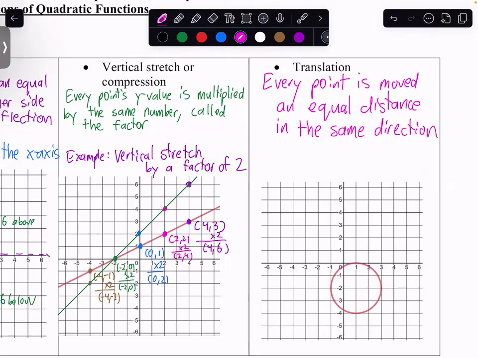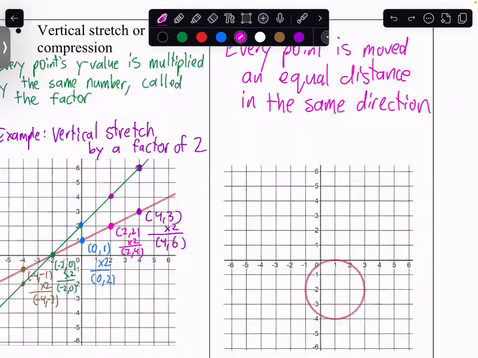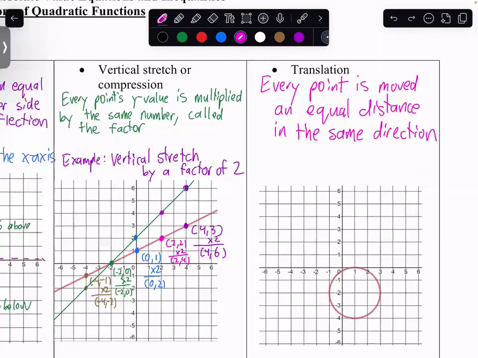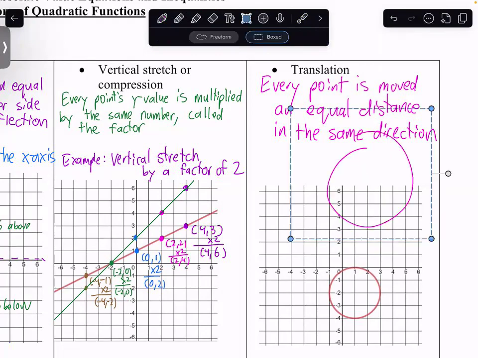So unlike reflection, where some points move downward and some move upwards, with the translation, every point moves the same direction. So you often describe a translation as sliding the graph around. Like if you imagine you cut this out and then you just dragged it around, right? That would be a translation.